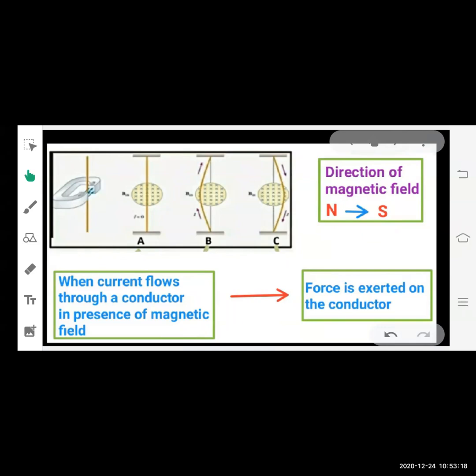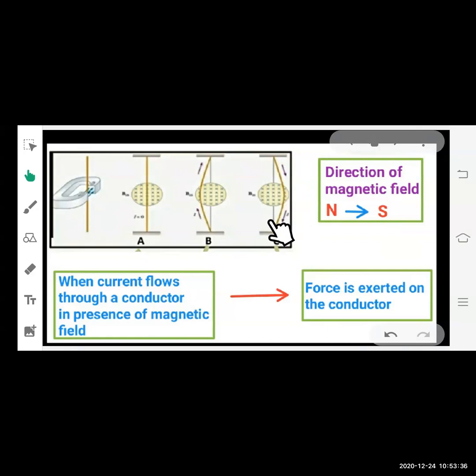But as the current starts flowing, as you can see in this picture, from top to bottom, the force is exerted on the conductor and it moves to position C.